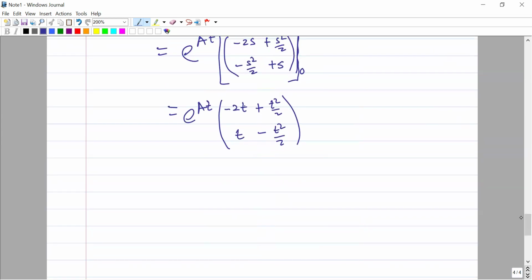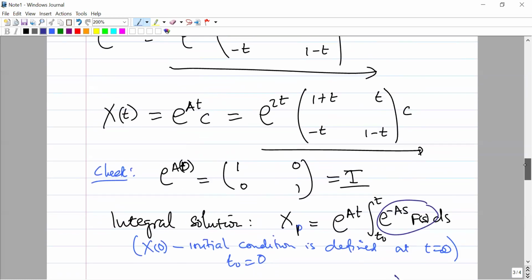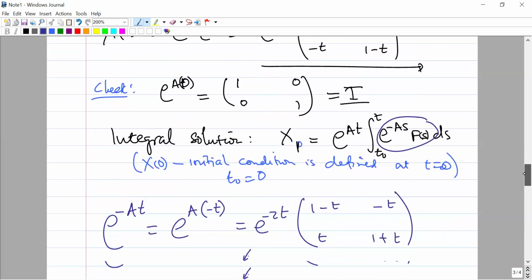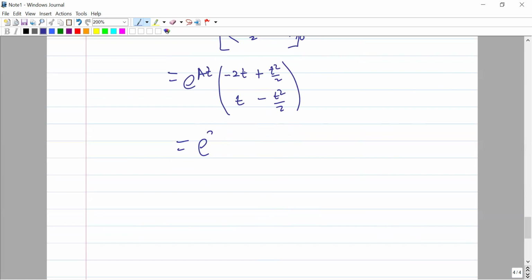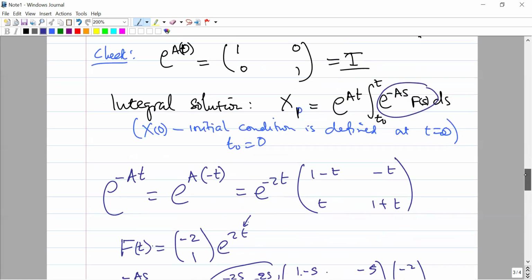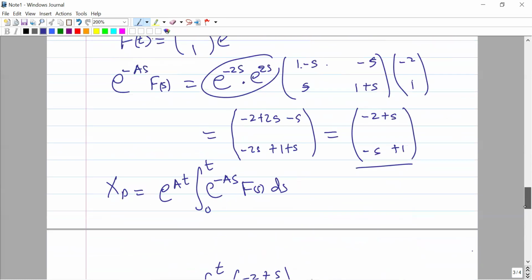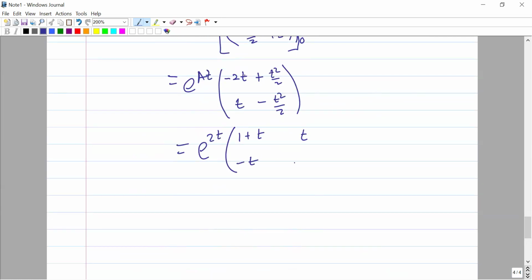And all we need to do now is to unpack. We bring in the e to the power at here, which is then equal to e to the power 2t into 1 plus t, t, minus t, 1 minus t, times t squared over 2 minus 2t, minus t squared over 2 plus t.